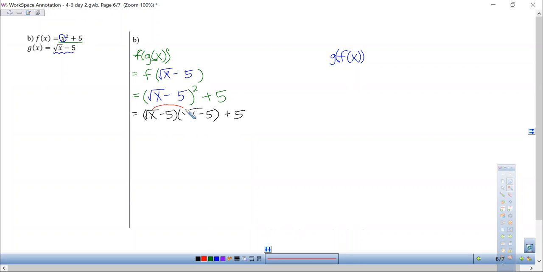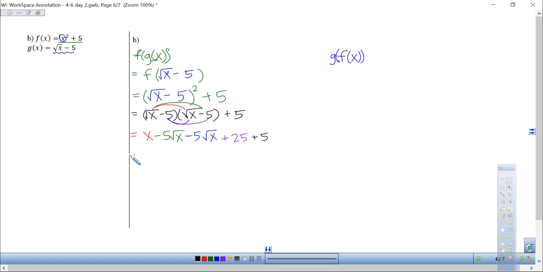The square root of x times the square root of x is x. The square root of x times negative 5 is negative 5 times the square root of x. Notice we have the same thing here. So that's also minus 5 radical x. And then we have negative 5 times negative 5, which is positive 25. And then we still have a plus 5. I'm just going to bring that guy down.